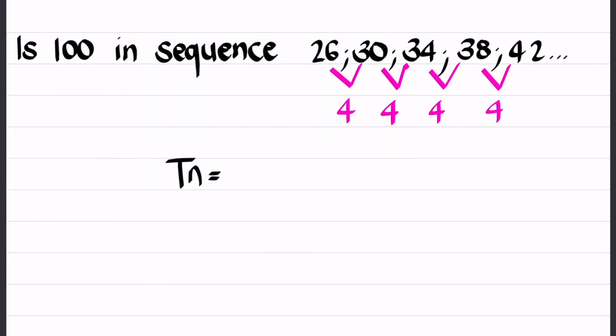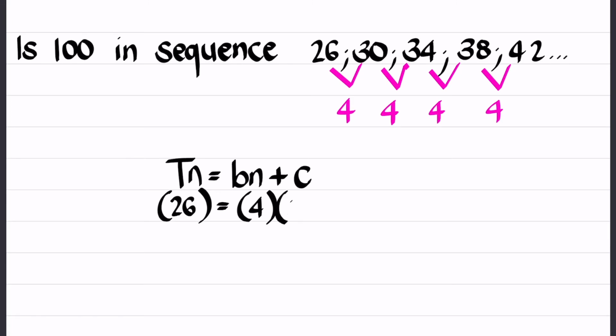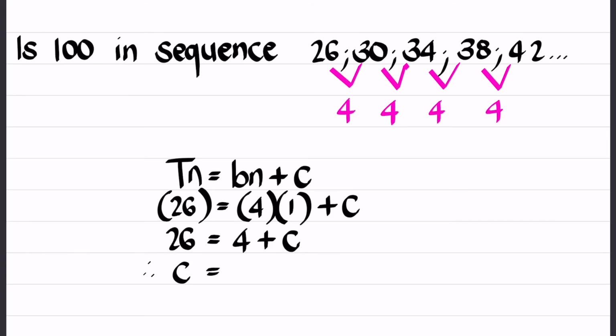Tn is equal to Bn plus C. So the term value is 26, equal to the B value, which is 4, multiplied with the n, which is term number 1, so that's 1, plus C. So 26 is equal to 4 times 1, which is 4, plus C. To isolate the C, I'm going to subtract 4 from both sides. So C will equal 26 minus 4, which is 22. Therefore, Tn is equal to 4n plus 22.